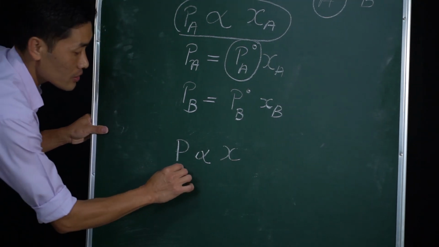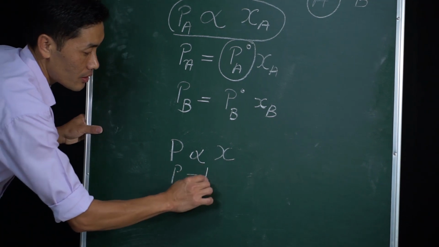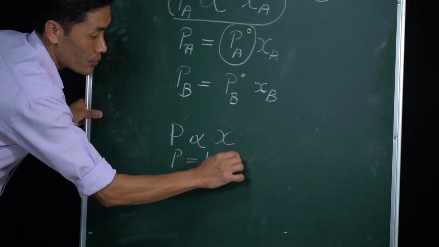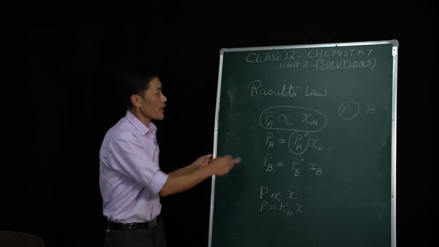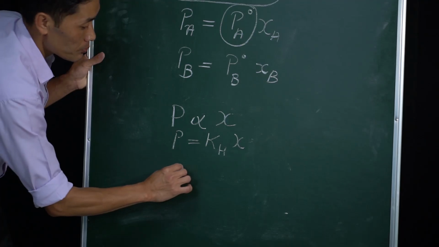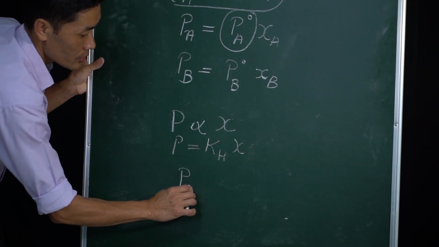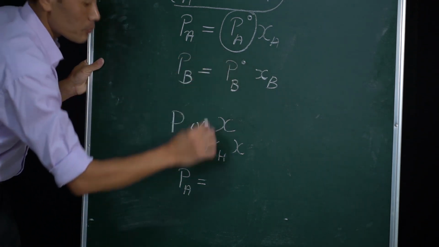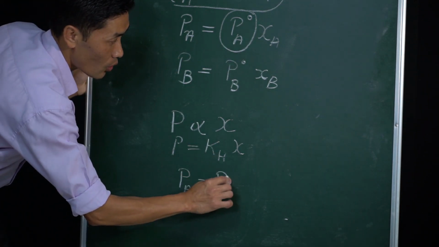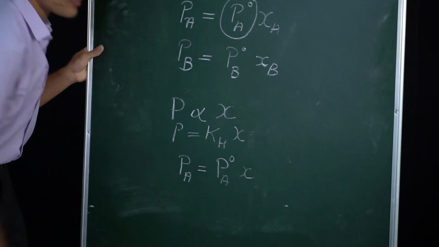So we got the pressure of the gas P equal to a constant KH into x. From Raoult's law, we have the pressure of any component A in the solution equal to the pressure of that pure component multiplied by its mole fraction.